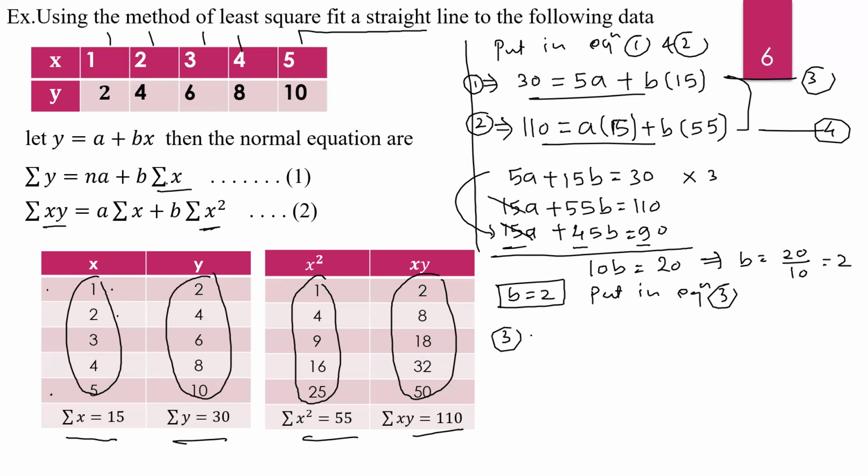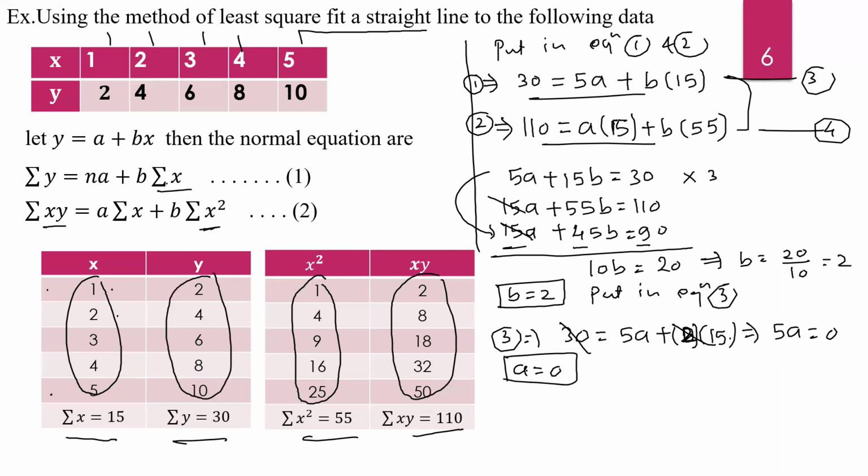That becomes 30 is equal to 5a plus b into 15, where b is 2. Now 15 into 2 is 30, and here 30, the 30 will get cancelled. That is 5a is equal to 0. 5 is never 0, so it implies a is equal to 0.